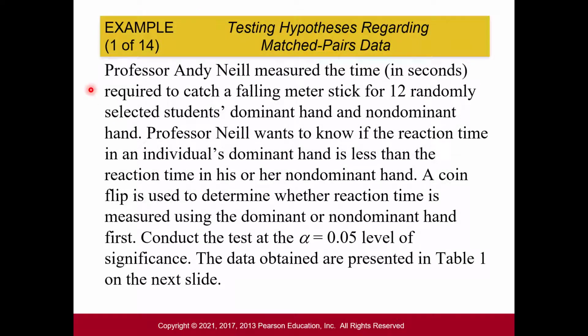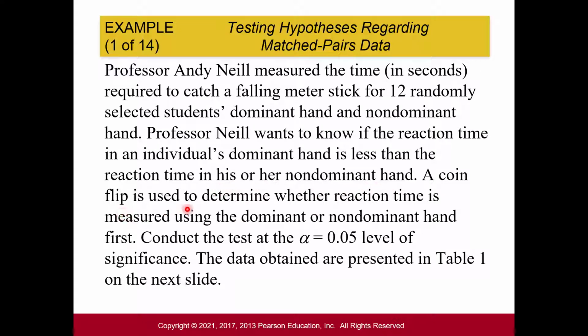Let's take a look at this example. Professor Andy Neal measured the time in seconds required to catch a falling meter stick for 12 randomly selected students' dominant hand and non-dominant hand. The professor wants to know if the reaction time in an individual's dominant hand is less than the reaction time of his or her non-dominant hand.